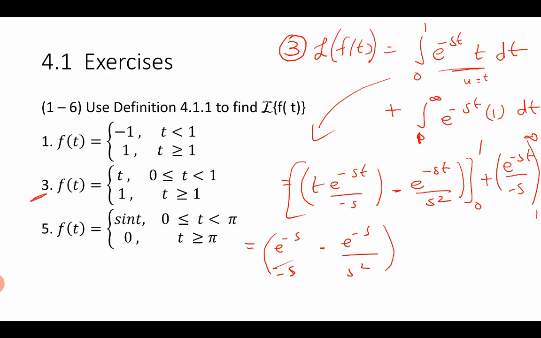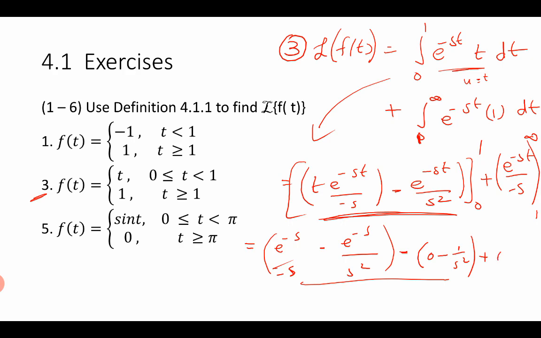This is for upper limit. Minus, when t is 0, this term will be 0, this term will be 1. So 0 minus 1 over s square for the first term. Plus here, when you substitute upper limit, e power minus infinity will be 0.